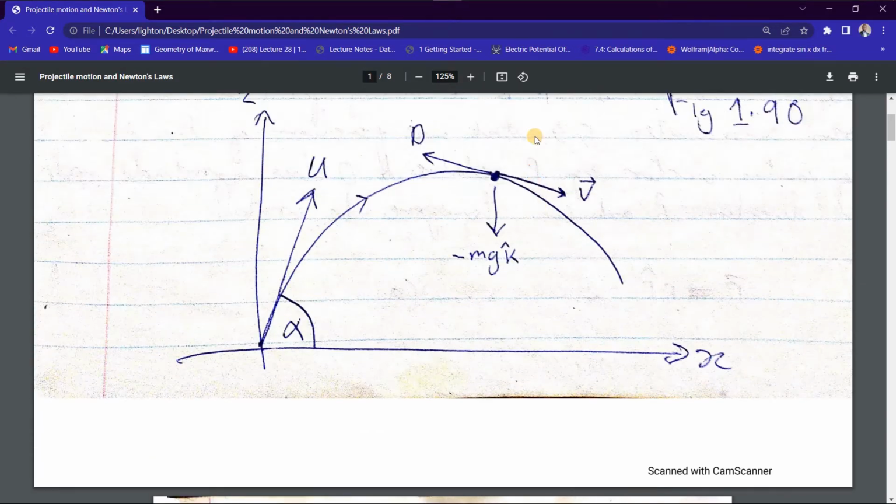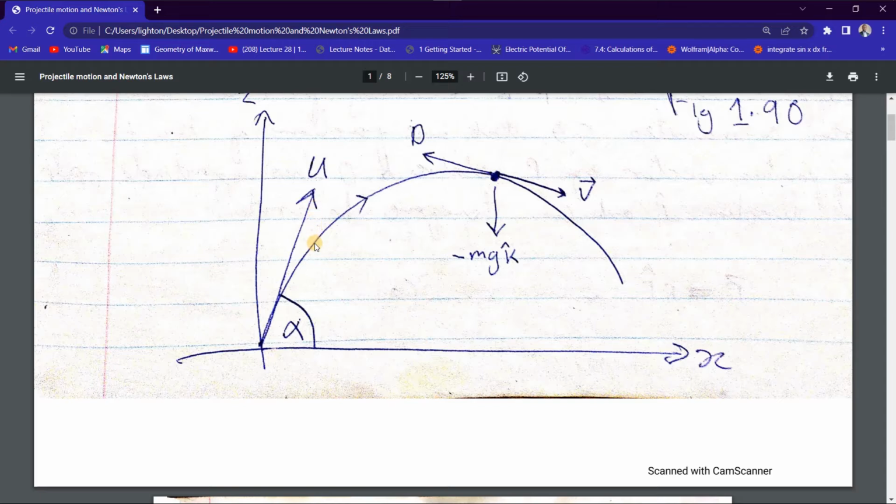Let's just go back here. Okay, so when you look at this speed u, the initial velocity, and when you look at the component it makes with the x-axis, we find that it is u cos alpha.